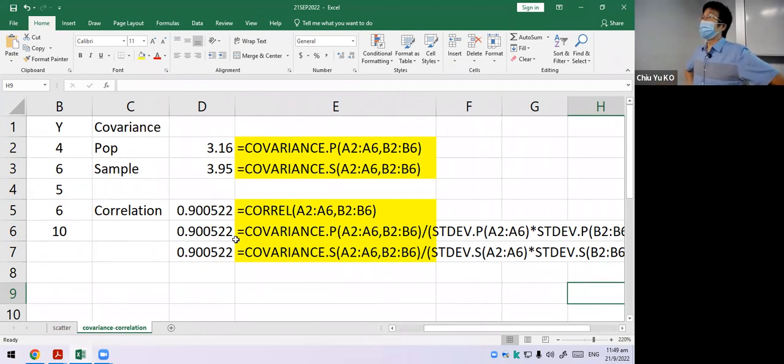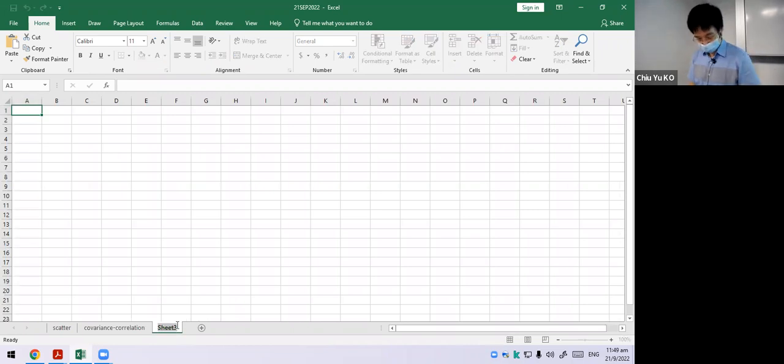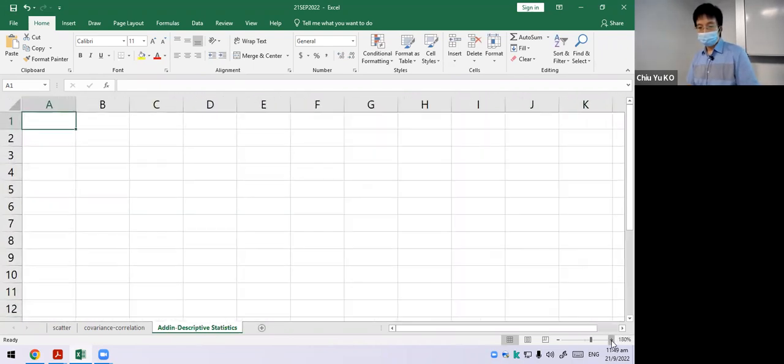So if there's no problem, I will talk about Add-in. Okay, we'll do Add-in. So I think I have Add-in. I would do descriptive statistics. Okay. So let me enlarge it. Okay.